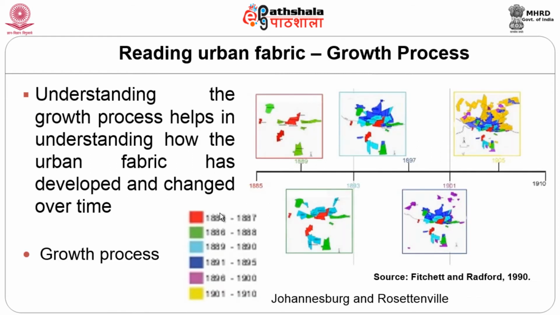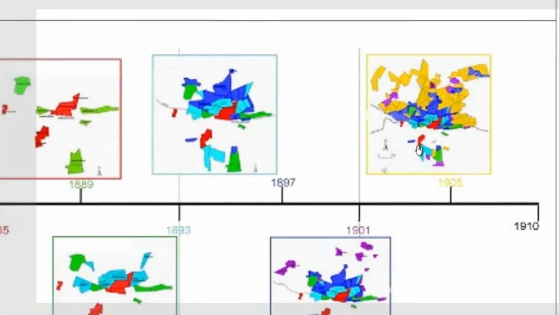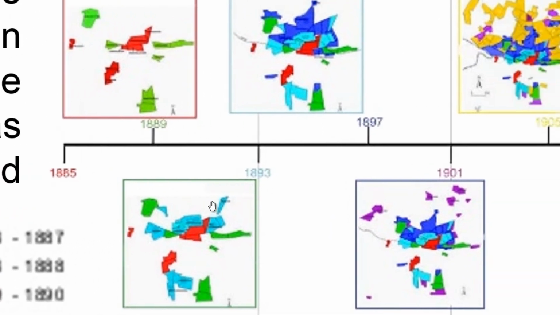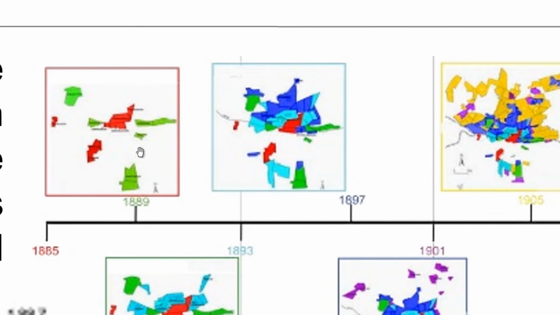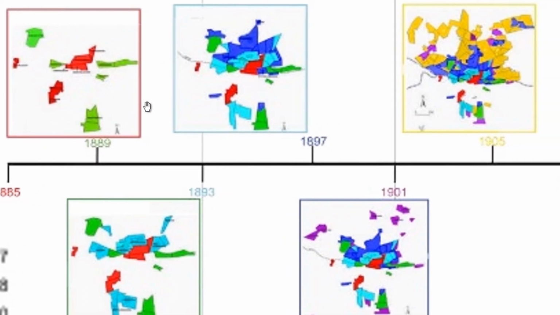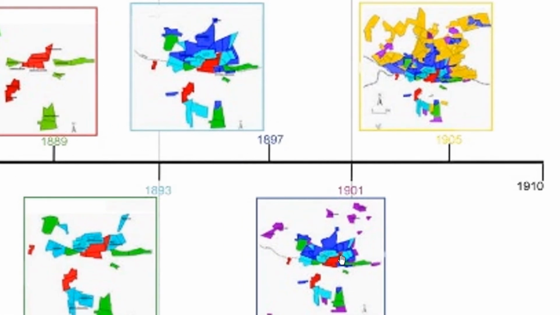So, now we will look into reading the urban fabric from a growth process perspective. Understanding the growth process helps us to understand how the city has developed and changed over a period of time. So, this is a timeline of a city map of Johannesburg and also of Watsonville. Here in the map you can see how the city has changed from 1889 to 1897 and then to 1901 to 1905.